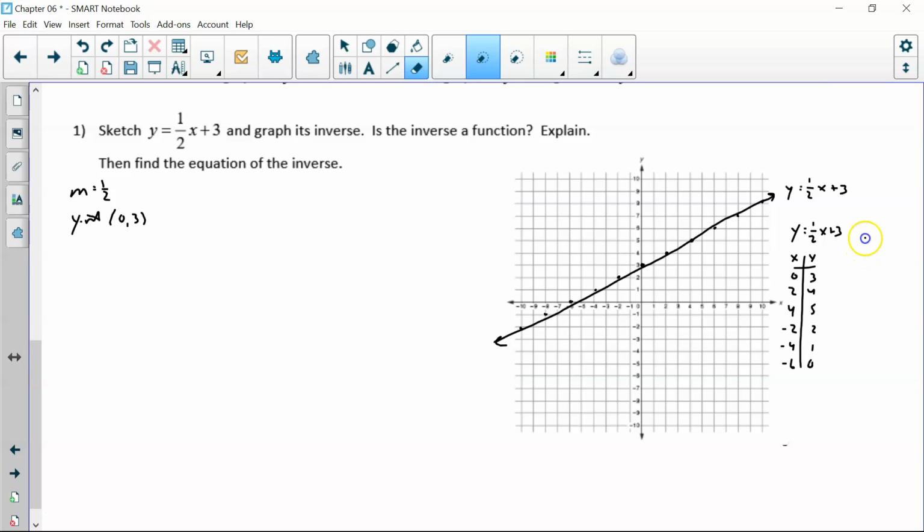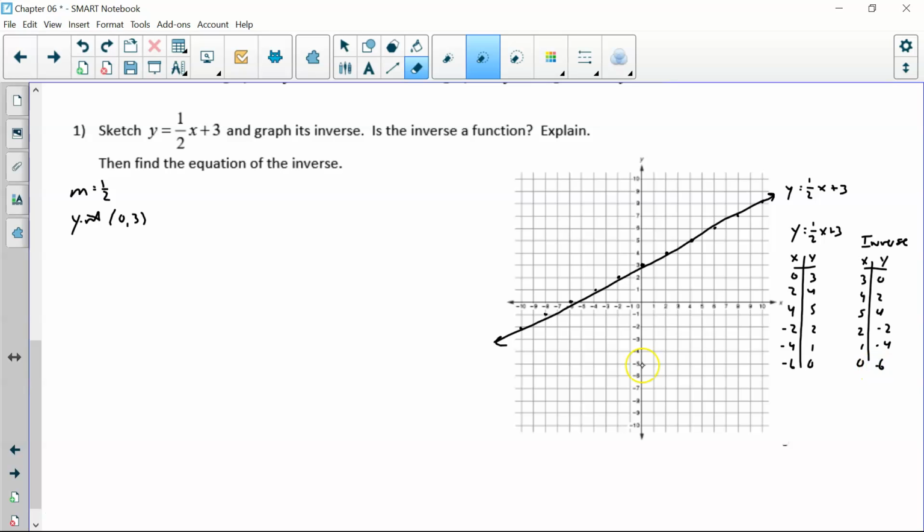So for the inverse, we can actually just switch the x's and y's. So we'd have 3, 0, 4, 2, 5, 4, 2, negative 2, 1, negative 4, 0, 6. Oh, sorry.